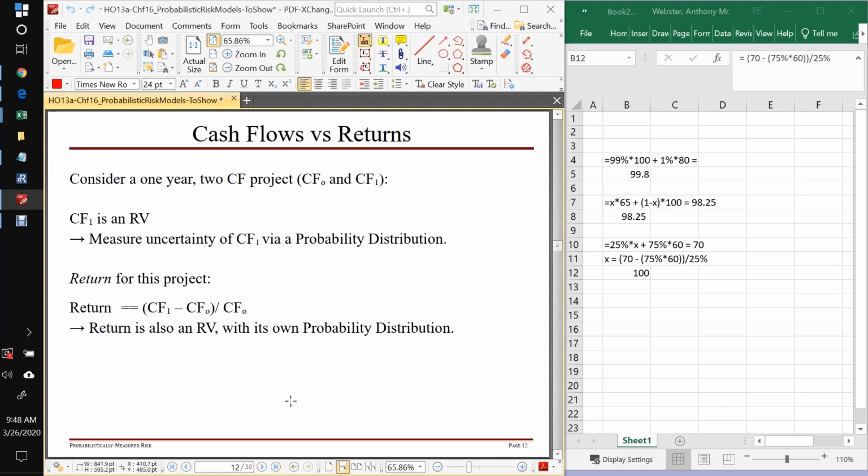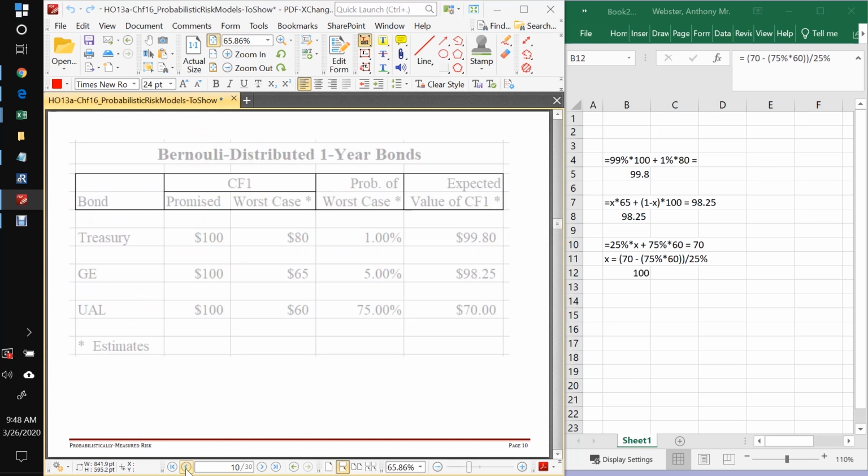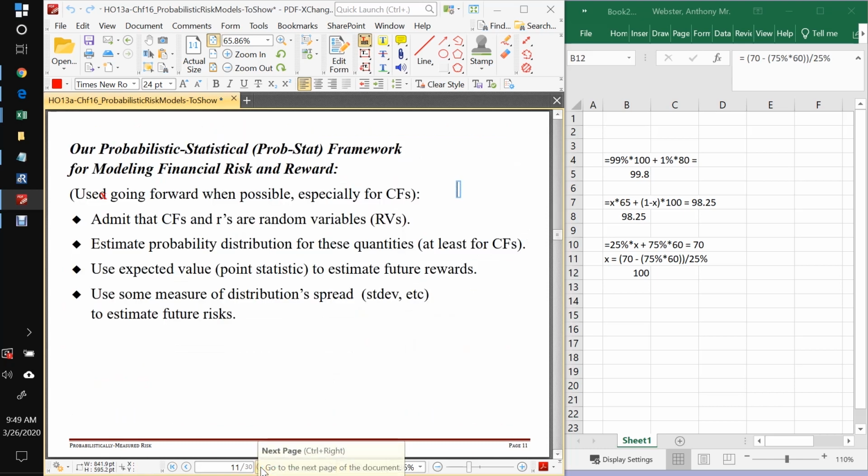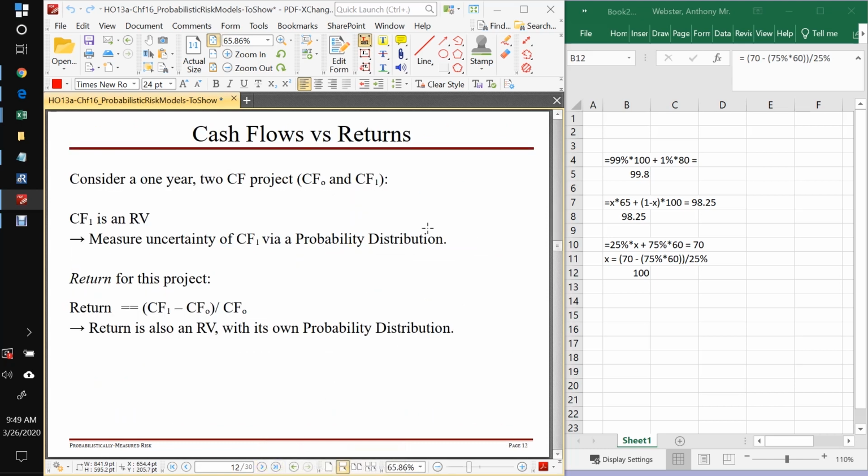So to do that and to generalize what we've done here beyond something like 1-year bonds where we're considering the cash flows as Bernoulli distributed, we need to go a little bit farther into thinking about statistics and probability. So let's consider cash flows versus returns and start with a 1-year 2 cash flow project where we have cash flow 0 and cash flow 1.